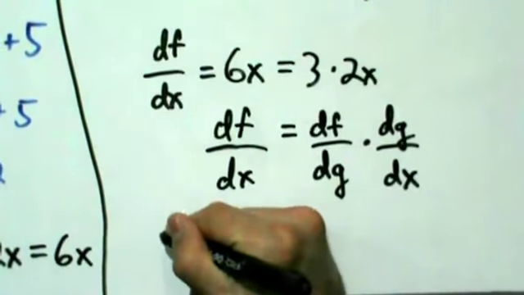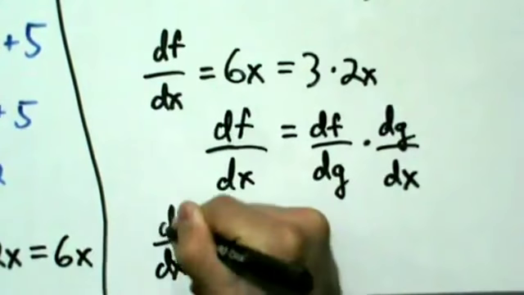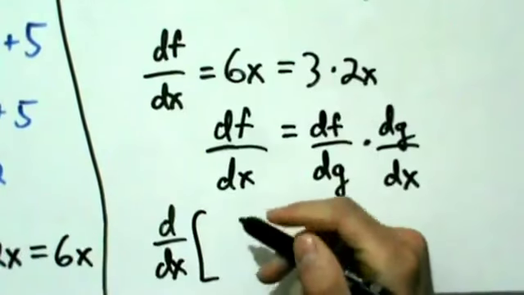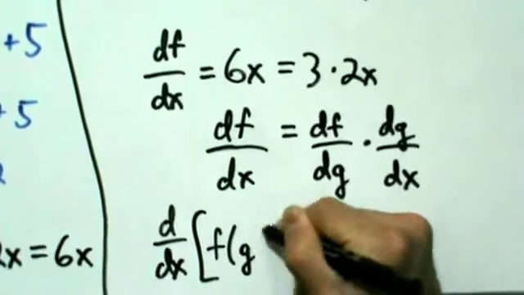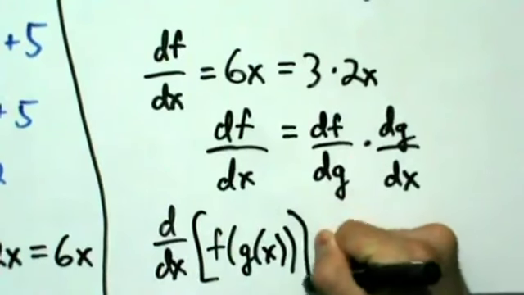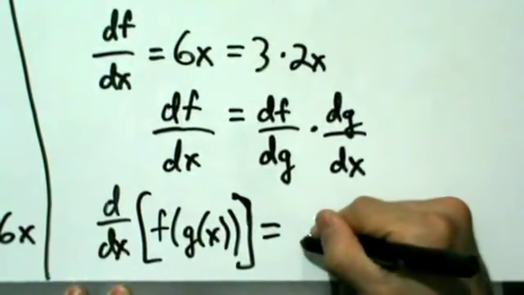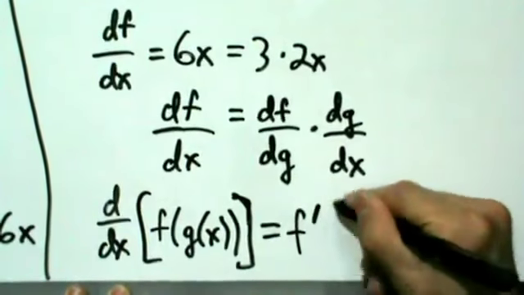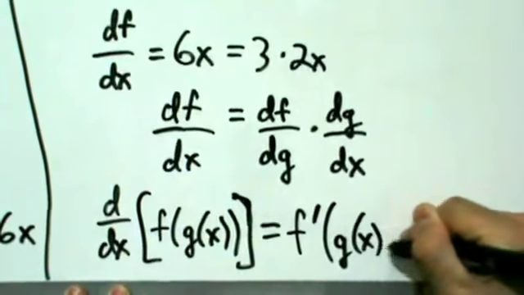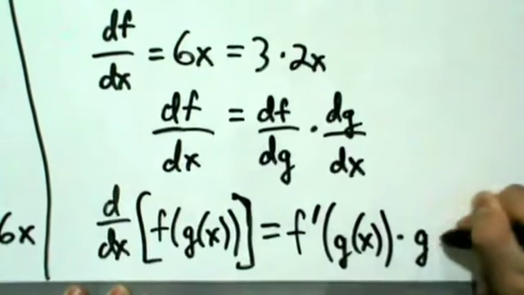So that's going to be d/dx of f of g of x. All right, and what that's going to say is the derivative of that is f prime of g of x times g prime of x.